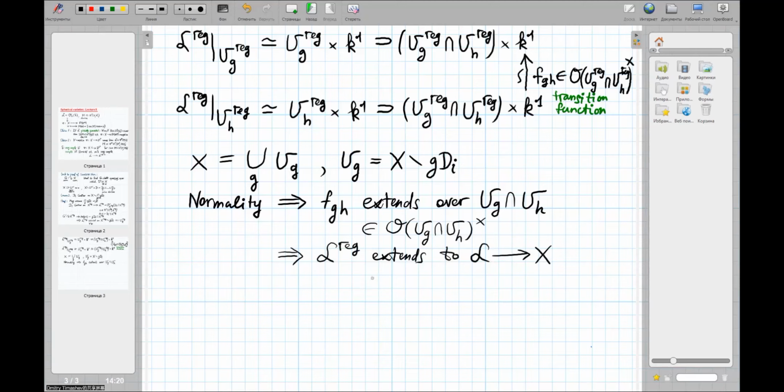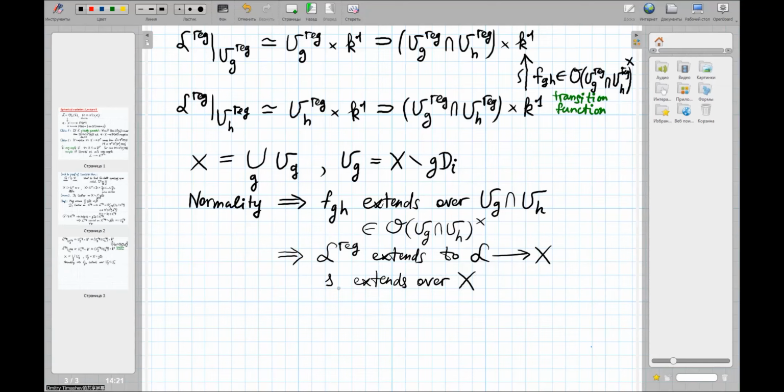And also the section s of this line bundle extends to the global section of this line bundle L. So it extends over X. And the divisors essentially do not change, because when we pass from the regular locus to the whole X, we add something of codimension at least 2.